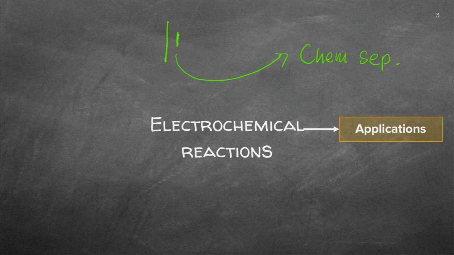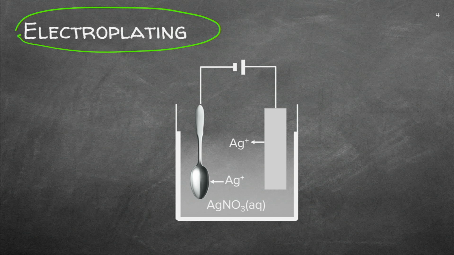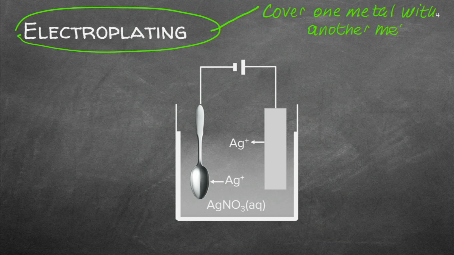Now, the first one is a very popular application. It's electroplating. So where do we use electroplating? You see I've got a spoon there. What we do here is we cover one metal with another metal. And this other metal can be something like gold, something like silver.